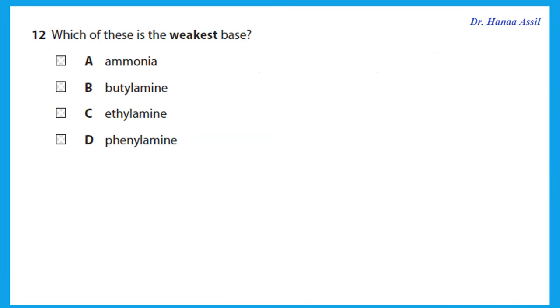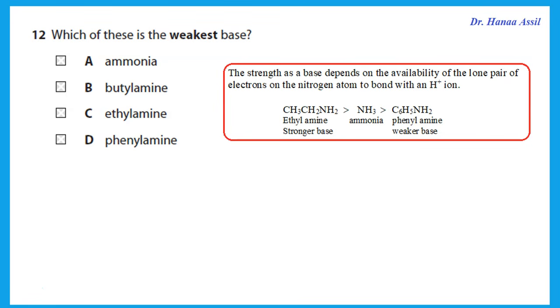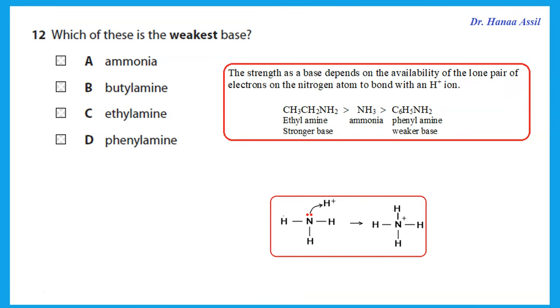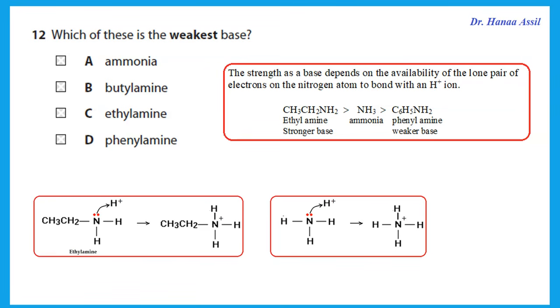Which of these is the weakest base? You should remember that when we have amines, the strength of the base depends on the availability of the lone pair of electrons on the nitrogen. Now, if we have ammonia, ammonia is a base, the nitrogen has a lone pair of electrons that can be used to make dative bonds with H+. Now, compared to that, what about butylamine or ethylamine?